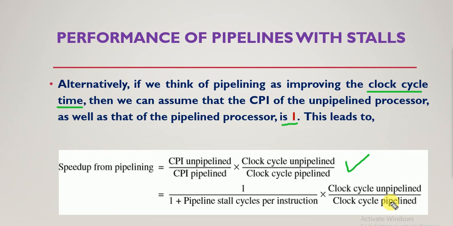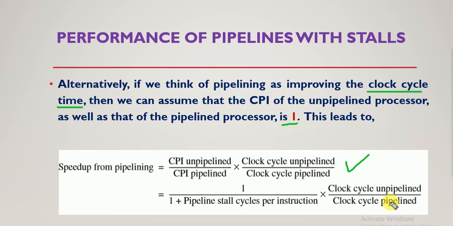Sometimes we need to evaluate the cycles per instruction and the speed up, and this session is especially intended for finding the speed up when we compare with the unpipelined processor. Every time we compare two processors, one will be an unpipelined processor and the second will be a pipelined processor, and we will be given the details of the unpipelined one, the number of instructions, the cycles and additional requirements.